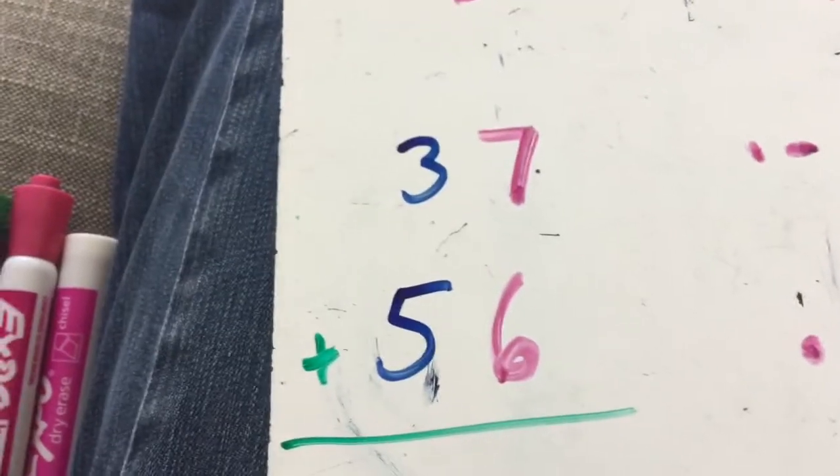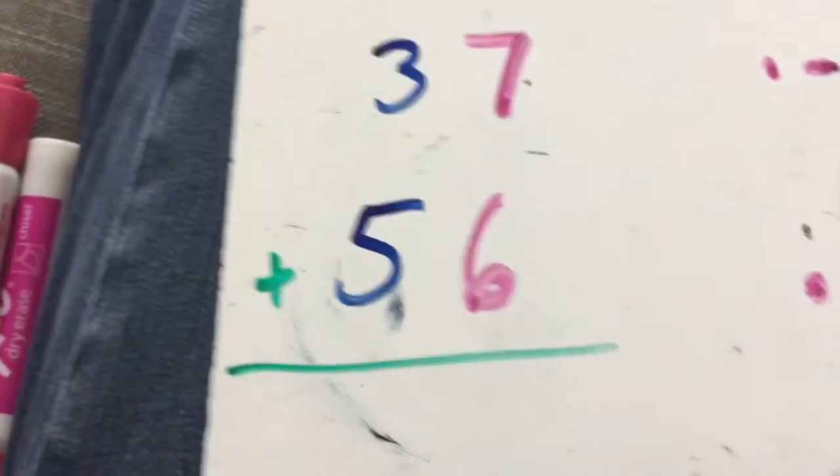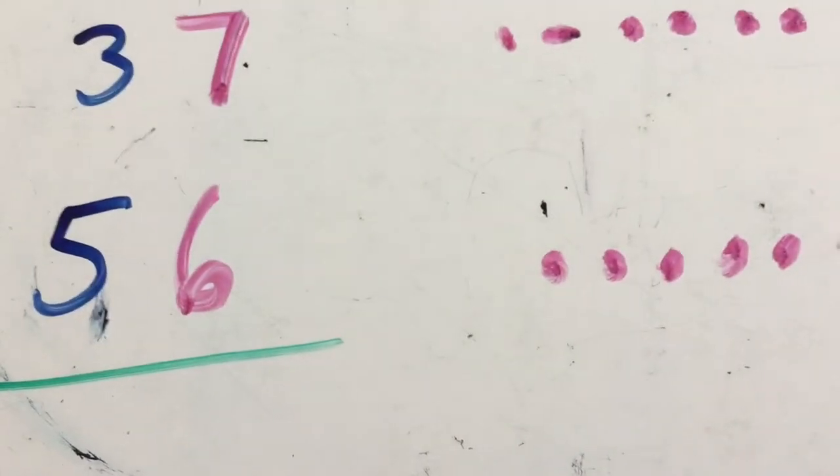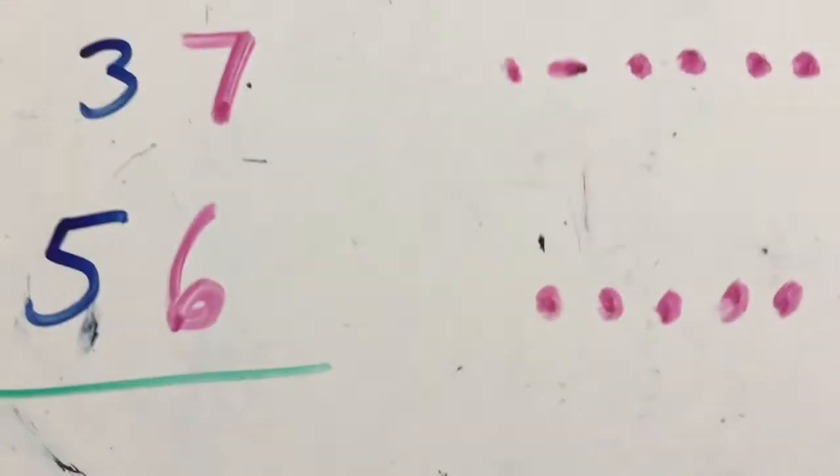Let's try another one. Okie doke, another example, 37 plus 56. 7 in the ones, 6 in the ones, 3 in the tens, 5 in the tens.